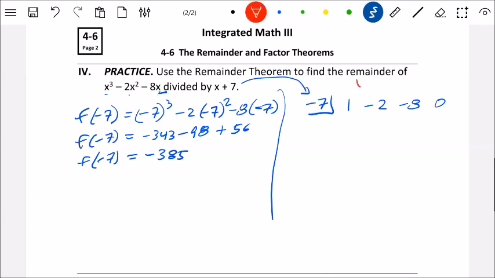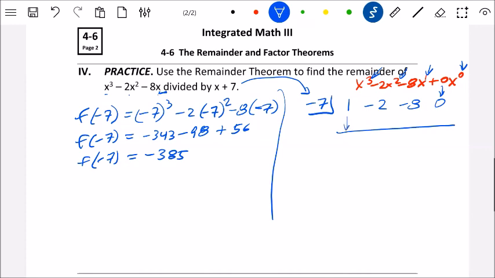In reality, this is x to the third minus 2x squared minus 8x plus 0. And that's because if I wanted to be truly technical, I would say there's an x here that's to the 0 power. So that we have a 0, a 1, a 2, and a 3. So they have to be in order going up from the end. So that means I'll put that 0 there.